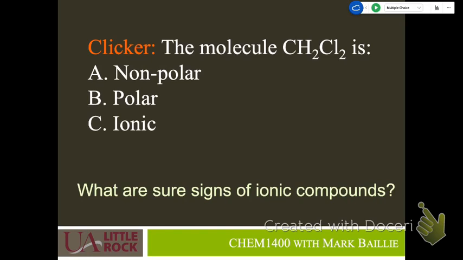Donald? Exactly. The ones that are highly electronegative, the ones that are really high up, they're over here. Remember this red line? This separates non-metals from metals. So if you see two things on opposite sides of the periodic table from each other, they're going to have a big difference in electronegativity.